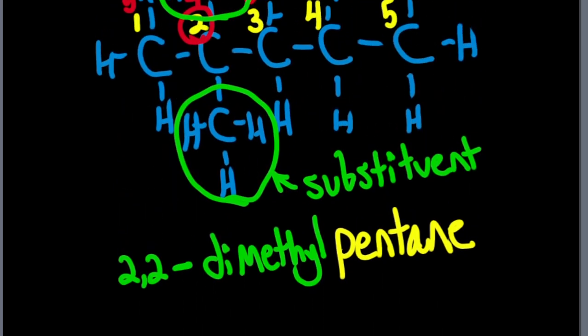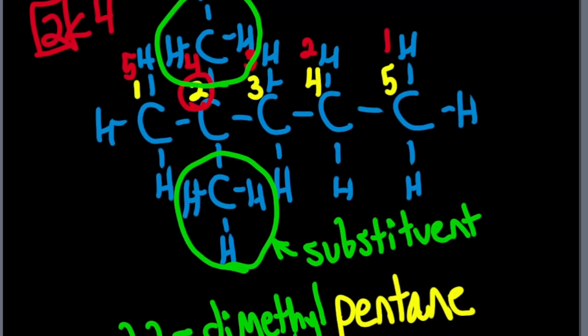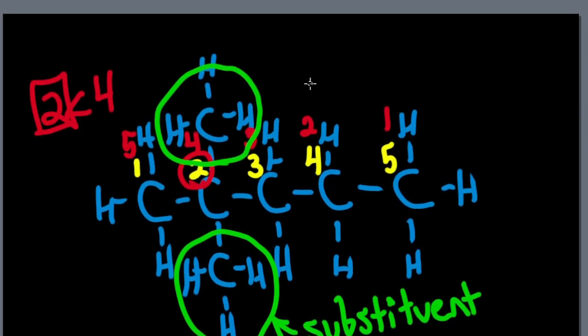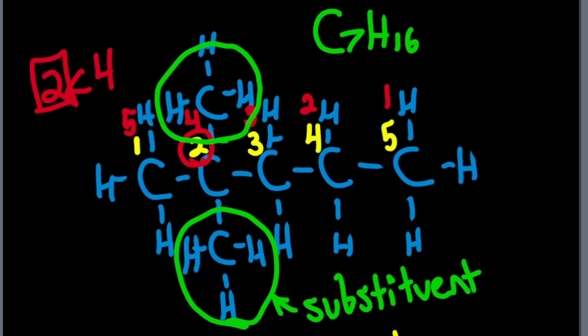All right, and my formula for this, all I would do is I would just count. So my formula is going to be C7, 1, 2, 3, 4, 5, 6, 7, 8, 9, 10, 11, 12, 13, 14, 15, 16, which just so happens to follow my general formula for straight chain alkanes.